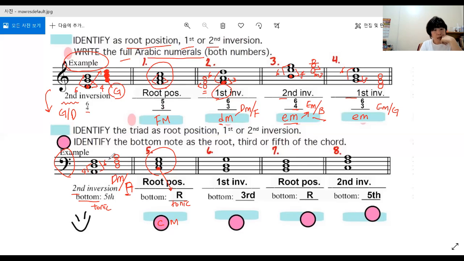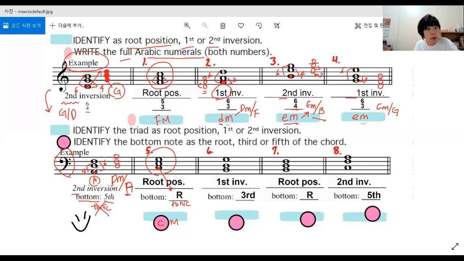So the bottom one, fifth. The tonic is going to be D. What is fifth? Oh, the bottom one. The bottom is A, right? In the D minor scale, A is the fifth note: D, E, F, G, A. So it's not tonic, sorry.